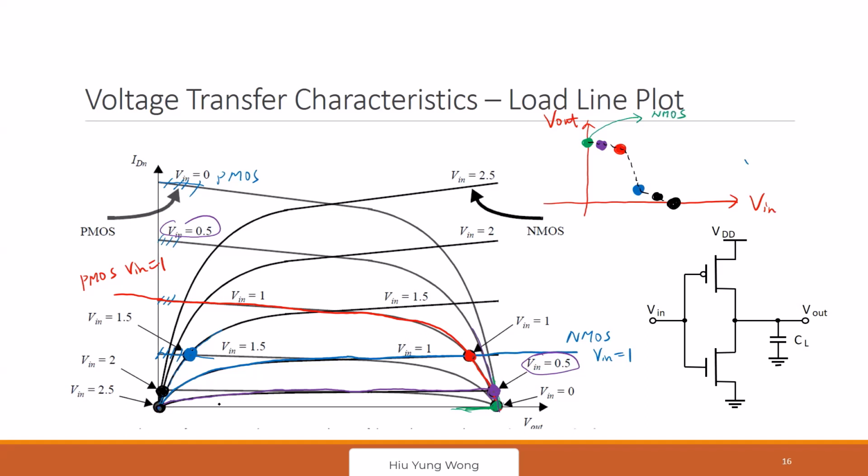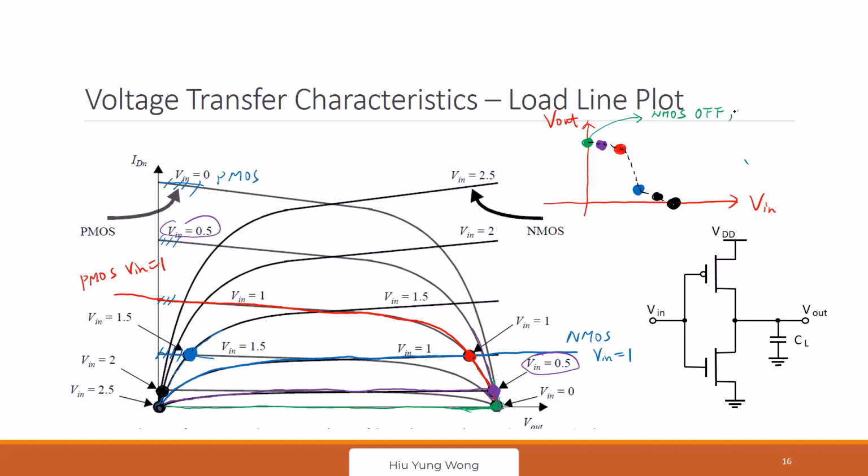If you look at its curve, is it on, linear, or saturate? Right? Remember, this is when V in equals 0. This is the ID-VD for V in equals 0 for NMOS. Is it on or saturate or off? Cut off. Off, because the VG, which is V in, is less than VTH.